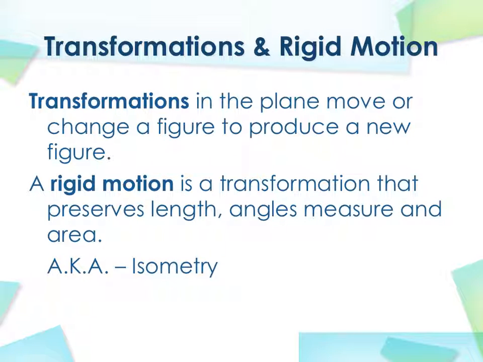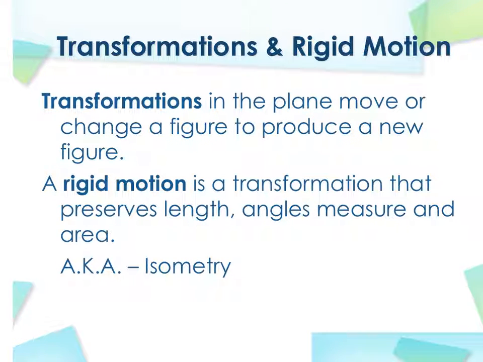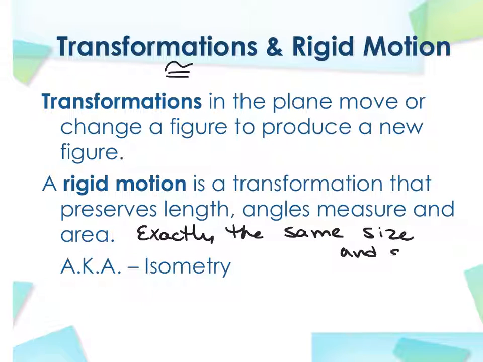So in other words, our figure is going to have exactly the same size and same shape. It's going to stay congruent. So the transformations we're talking about, our figures are going to stay congruent to itself.